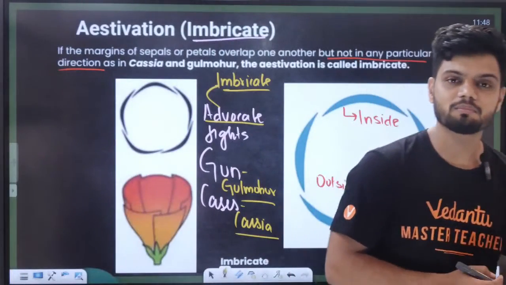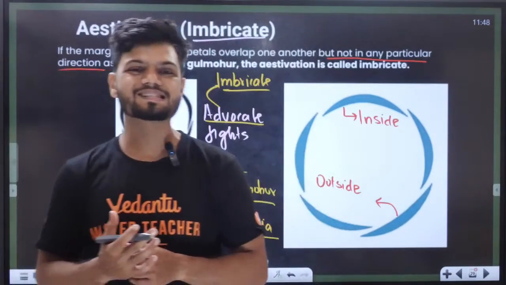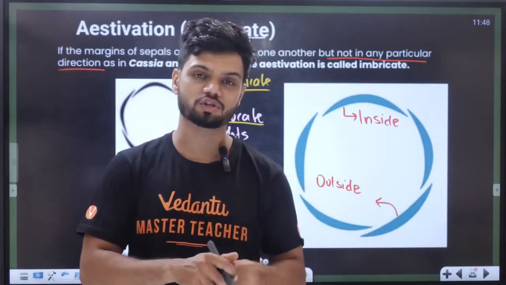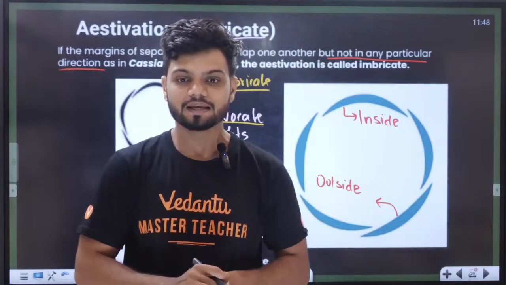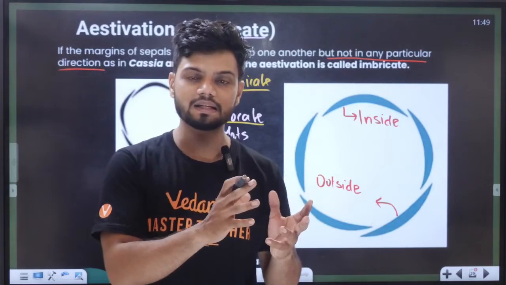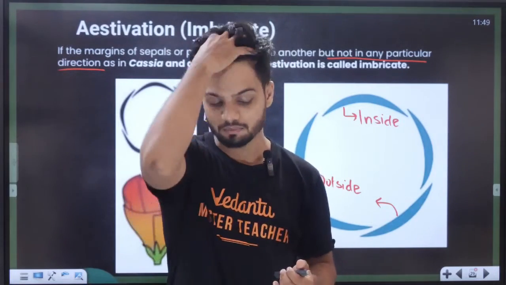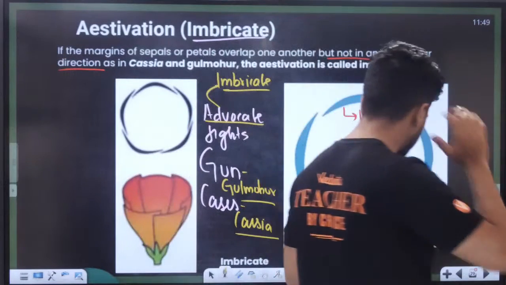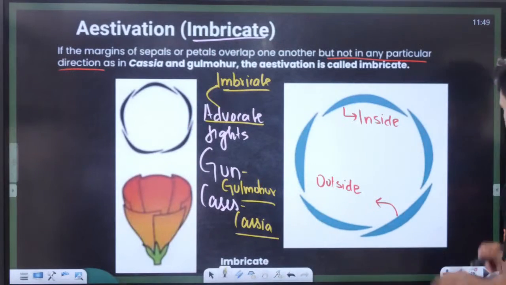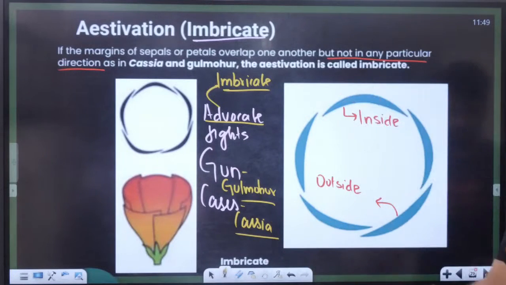Can anyone name a flower which is zygomorphic and has imbricate aestivation? Can anyone name one flower which is zygomorphic in symmetry and also, at the same time, imbricate aestivation? Go. Name the flower. Okay. A question can also come like that. Right now we know GL and CK is imbricate aestivation.